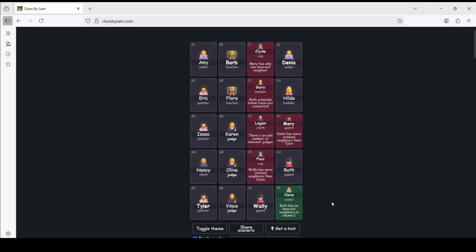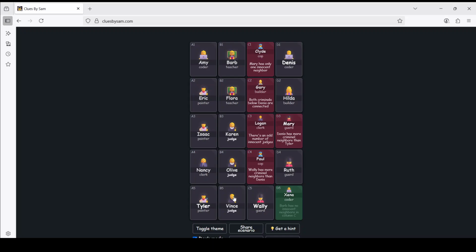All right, Barb has no innocent neighbors in column C. We have finished that clue. That's the Wally more than Dennis more than Tyler. There's an odd number of innocent judges. Oh, that's potentially interesting because Tyler and Wally both have 2 judges as neighbors. So if there are a total of 3 innocent judges, then that would tell us that Wally would only have 2 criminal neighbors.